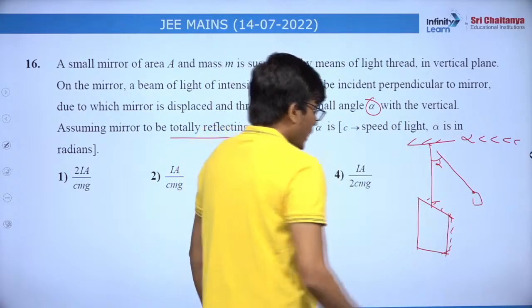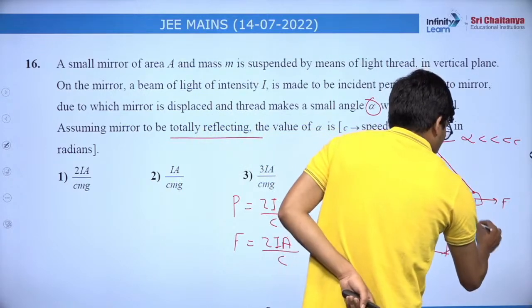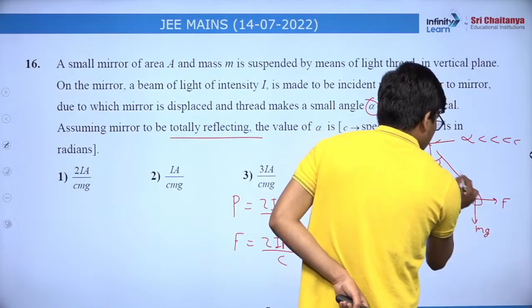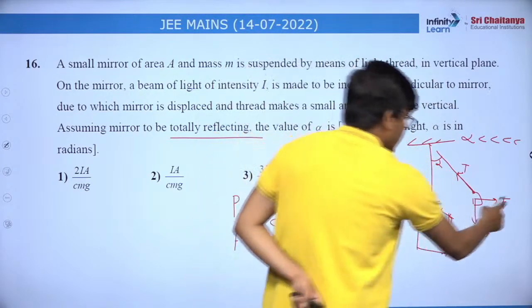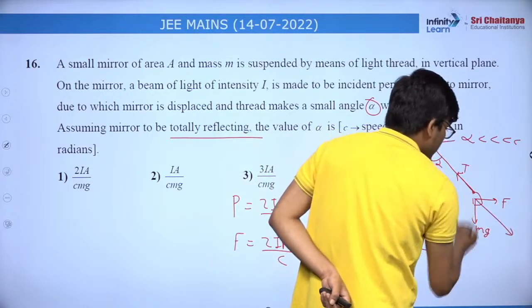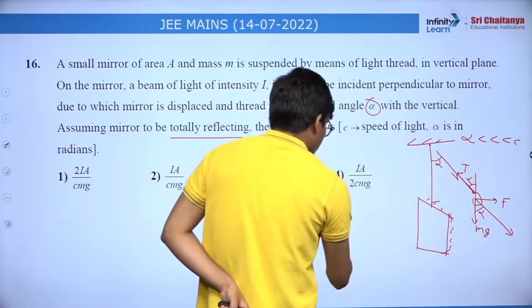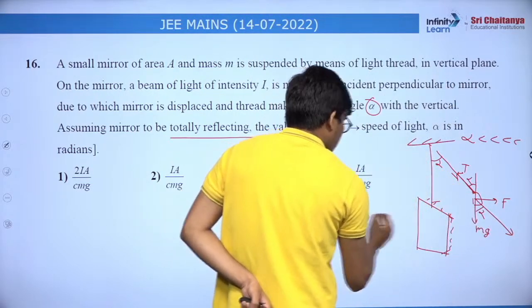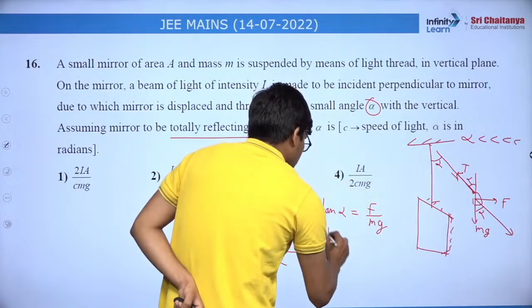Okay, so at this point the forces acting are mg and tension. If it is in equilibrium, the resultant of these two forces should come like this. So if this angle is alpha, this will be alpha. So from here I can write tan alpha is equal to F by mg, right?